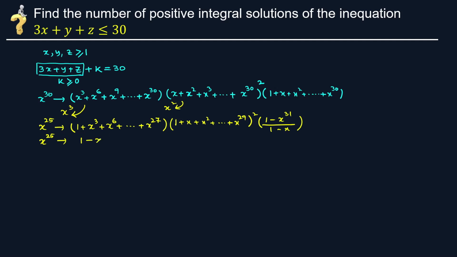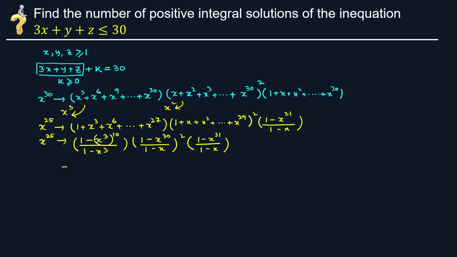The common ratio is x cube, and total number of terms are 10, divided by 1 minus x cube, into, total number of terms are 30, so it will be 1 minus x to the power 30 divided by 1 minus x whole square. This is 1 minus x to the power 31 divided by 1 minus x.